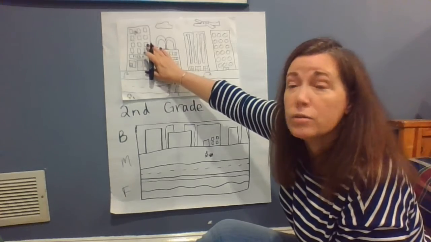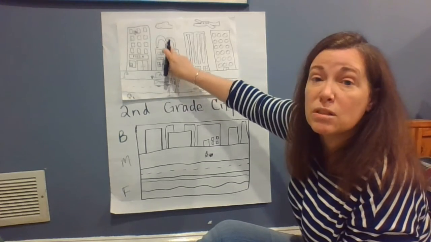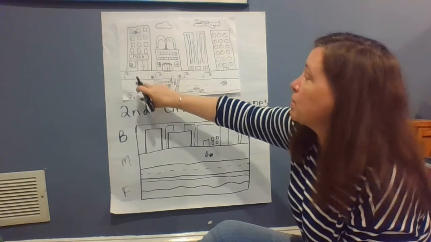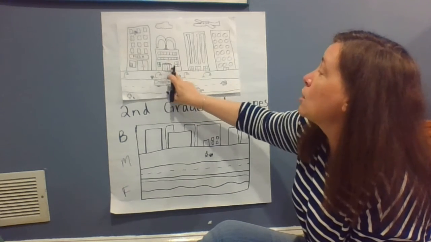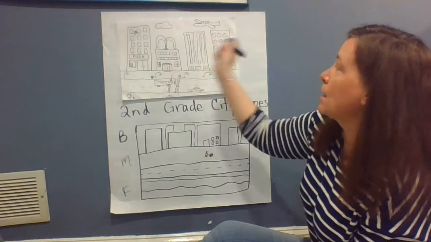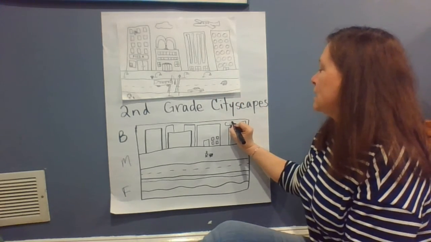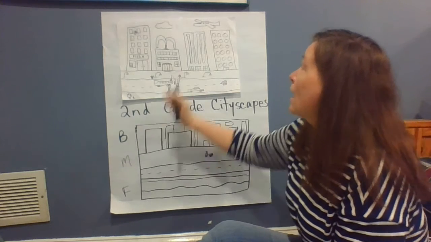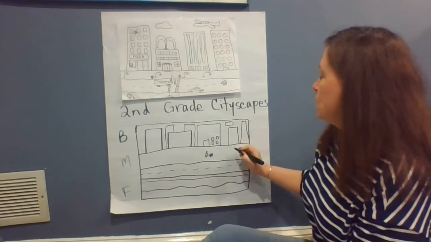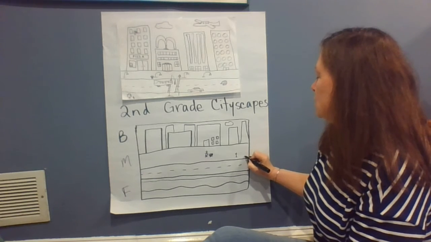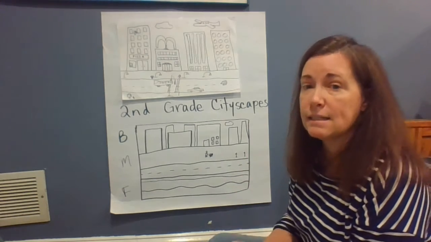I've added windows, symbols or signs, what kind of store it is, like a pizza restaurant, doors, sliding doors, or revolving doors. You can add things in the sky like clouds or helicopters or airplanes, street signs, and street lights.